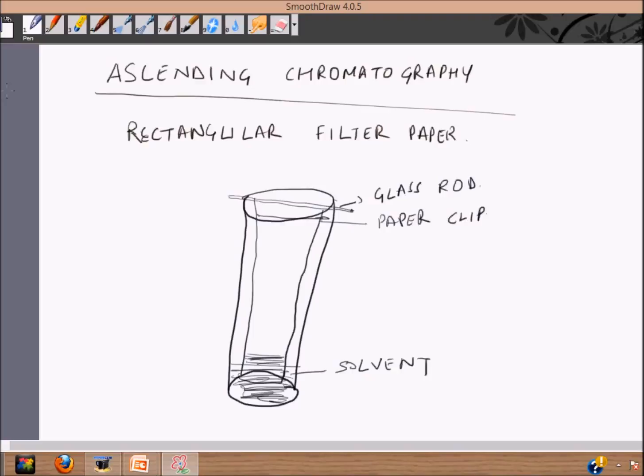So let's take this experiment. Take a rectangular sheet of filter paper of approximately 10 centimeters by 8 centimeters in area. Mark out a horizontal line on the sheet about 2 or 3 centimeters from its lower edge.